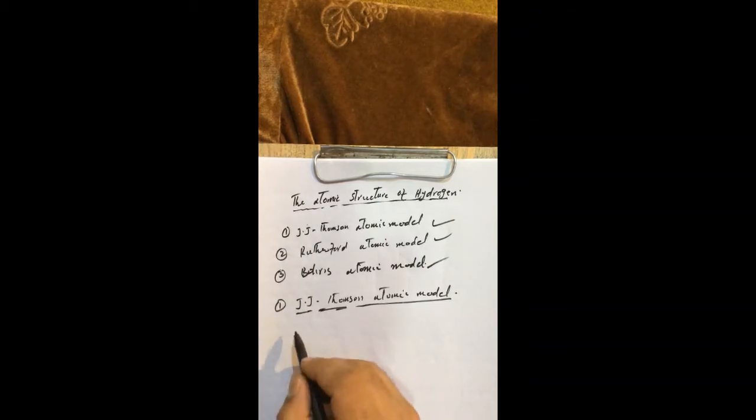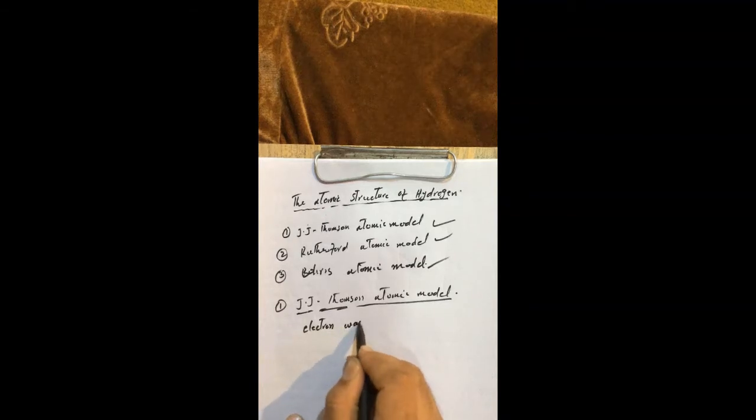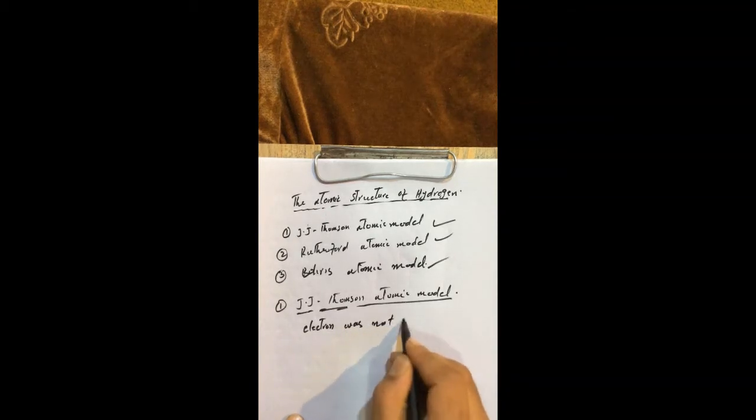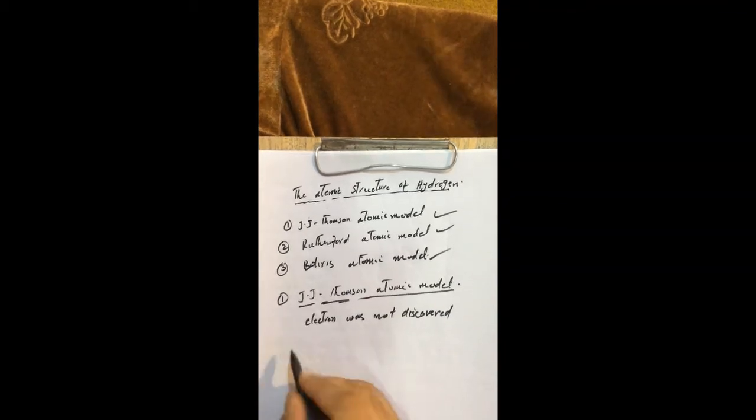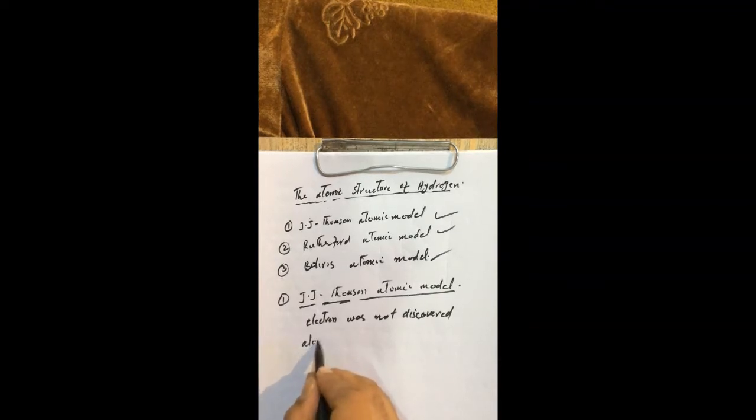Before the discovery of the electron, the concept of the atom was there, but it was believed at that time that the atom is an indivisible particle.